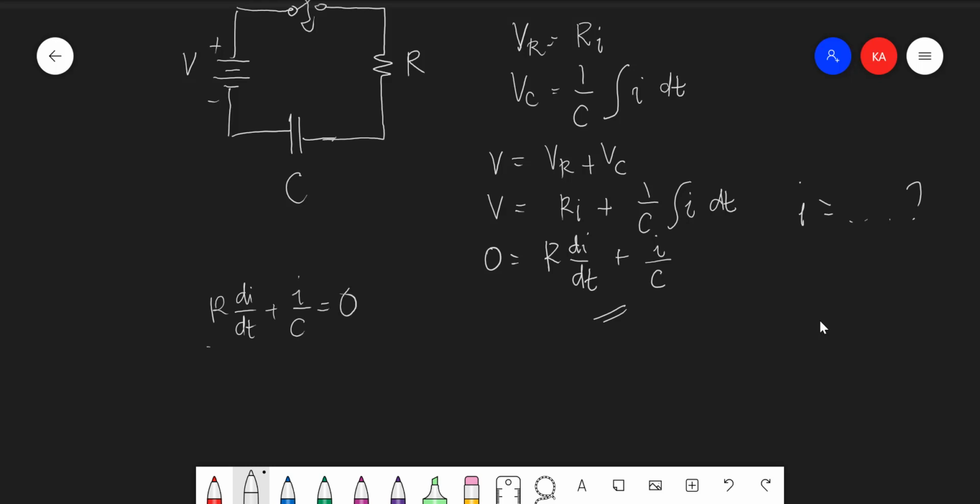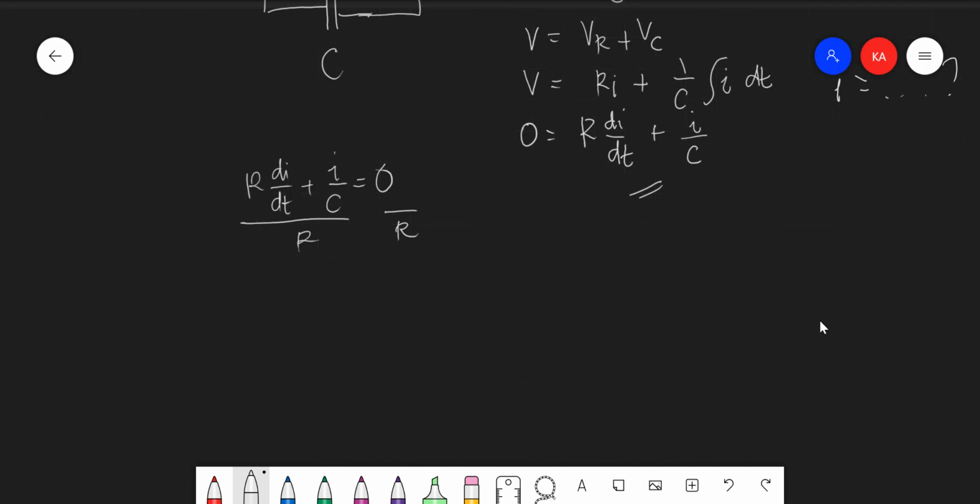Then we divide both sides by R. So we get di per dt plus 1 per RC times i is equal to 0. So this is a first order linear differential equation.